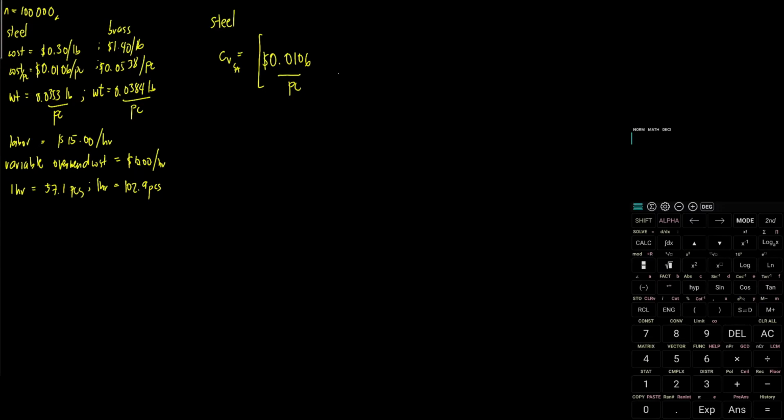So, yung magiging unit dapat natin, cost per unit, plus for labor na $15 per hour, and then kung ilang pieces yung magagawa niya per hour.